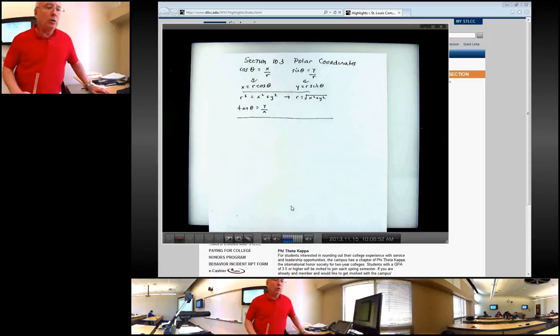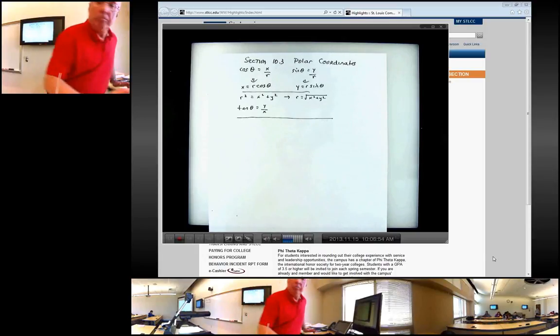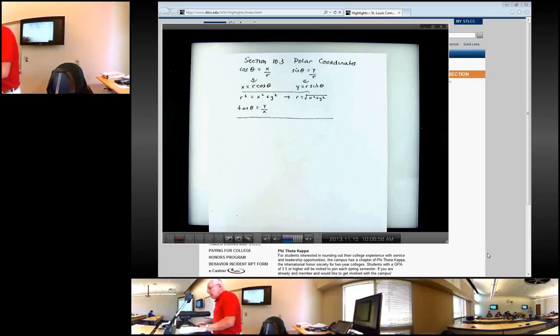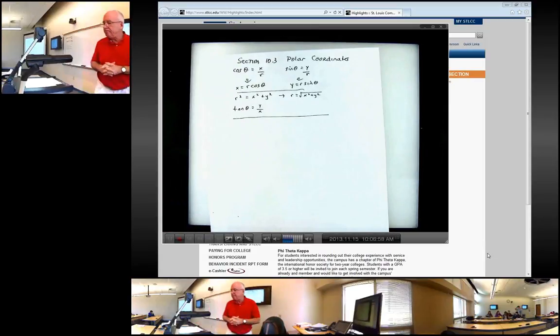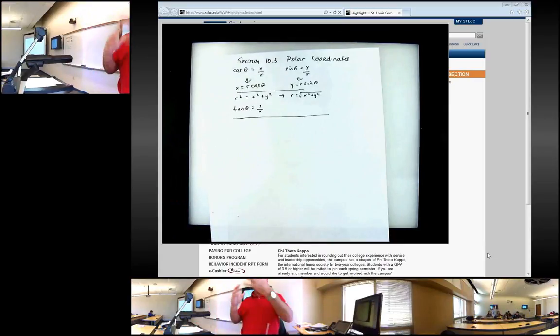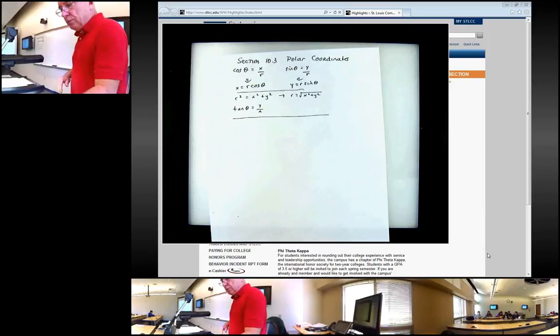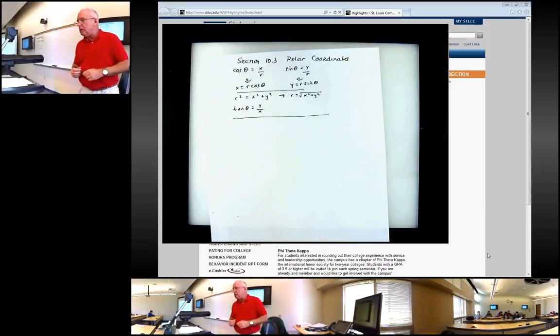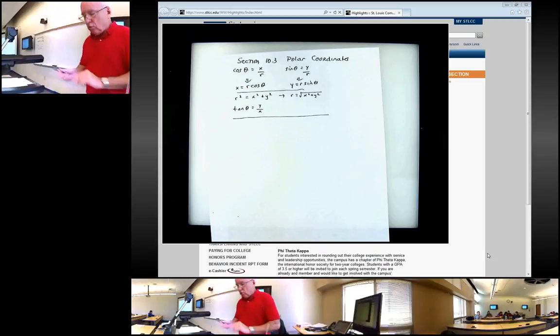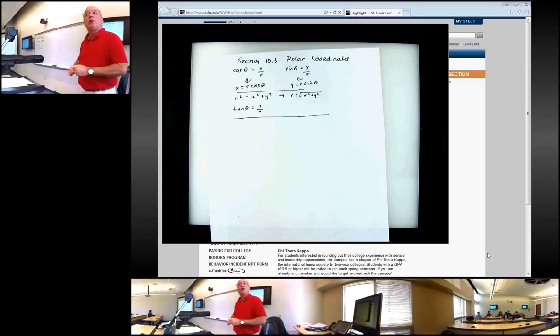All right, we'll get started here. We're talking about polar coordinates. So that's that other system of plotting a point on the plane. And we have this relationship between the polar coordinates and what are called the Cartesian x and y coordinates.